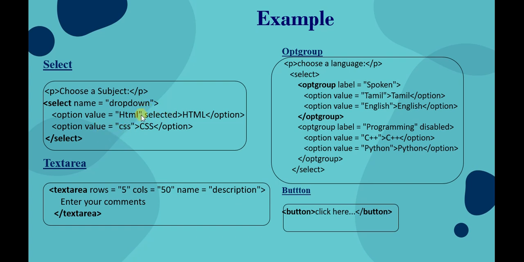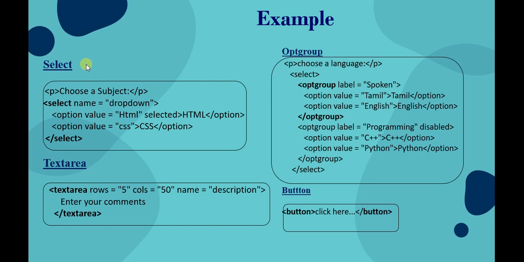Selected attribute. This attribute helps us set by default which value is selected before the user chooses, which here is HTML. Select is an open and close tag. First we name it, as you wish. Inside this, the option tag helps us specify the options which will be present in the dropdown menu.